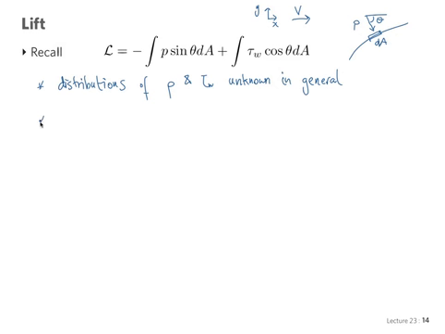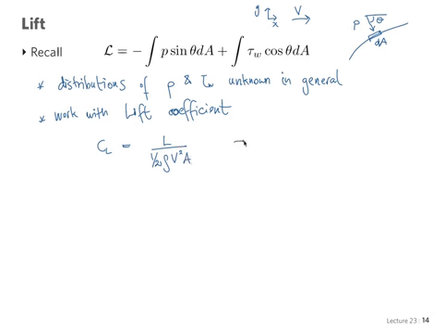So for that reason, we work with the coefficient of lift, which is the lift force basically non-dimensionalized by the dynamic pressure and the area, 1/2 rho v squared times the area.